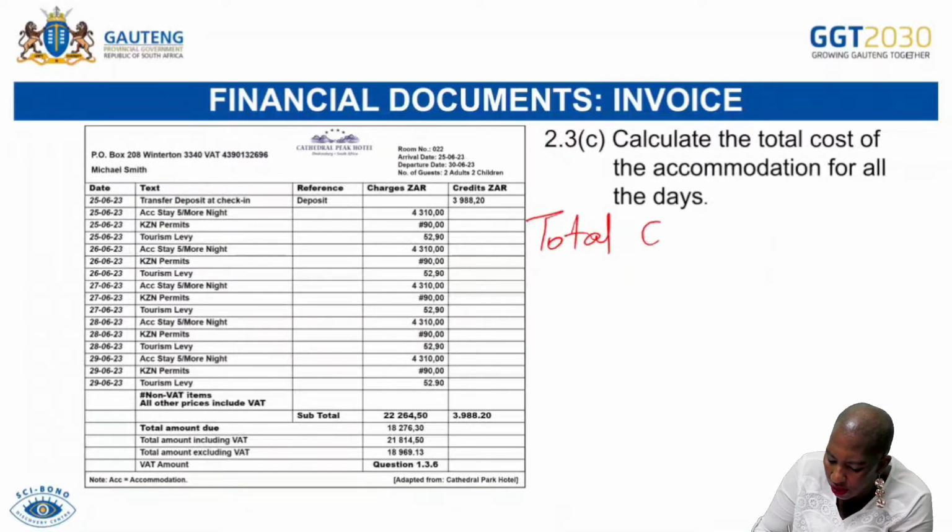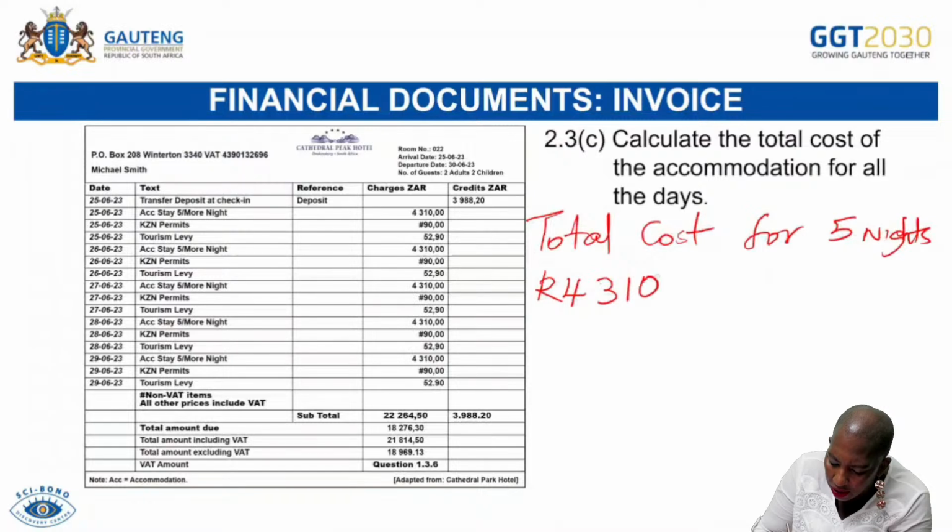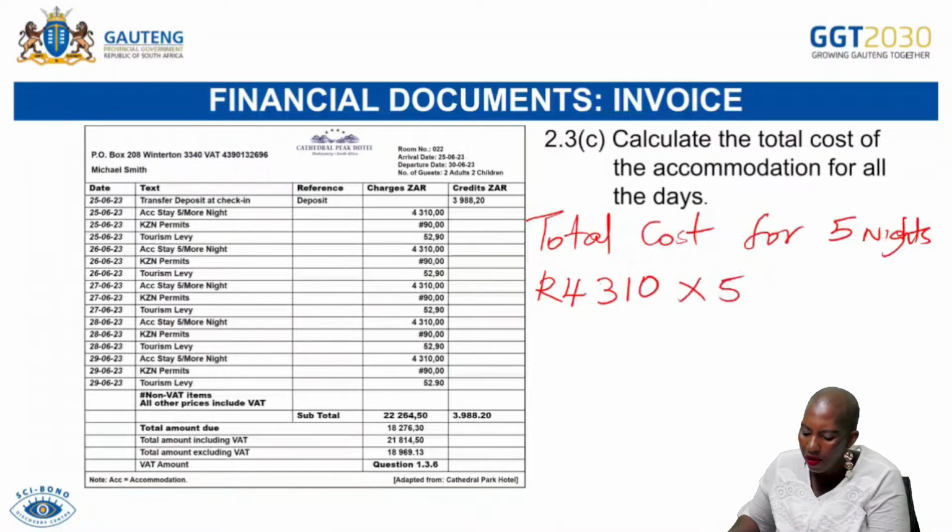Total cost for 5 nights. For 5 nights, it will be 4,310 multiplied by what? By 5, because that is what we call the total cost of their stay at the hotel.